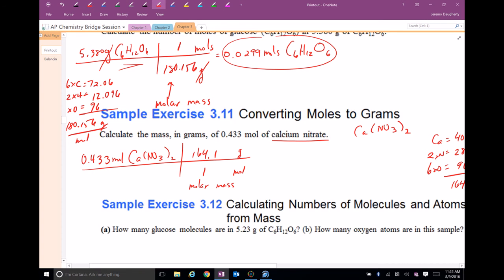So for my final answer, moles cancel out. I end up with 71.1 for 3 sig figs. That's grams of calcium nitrate. Any questions?